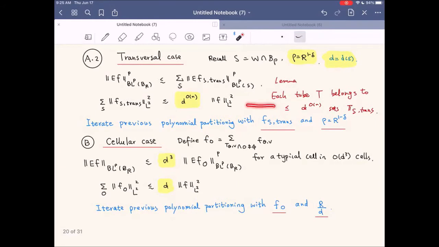So as a corollary, when we sum things up, we overcount this many times. So that's the information we get from the transversal case.